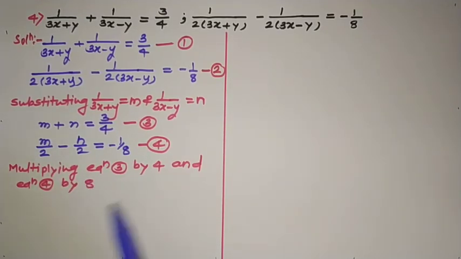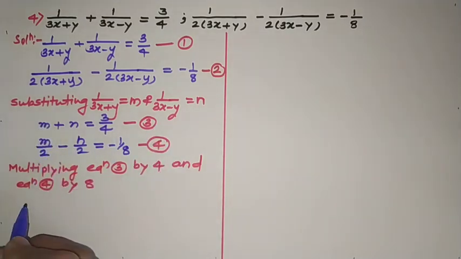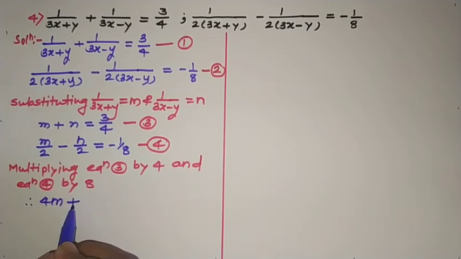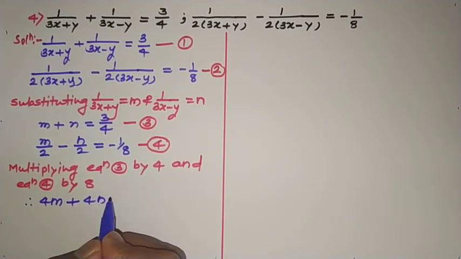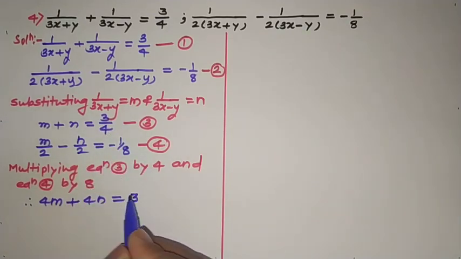Multiplying equation 3 by 4, 4m plus 4n is equal to 3 upon 4 into 4, 4 cancel, remaining 3.